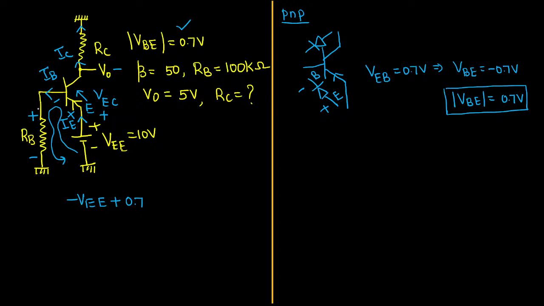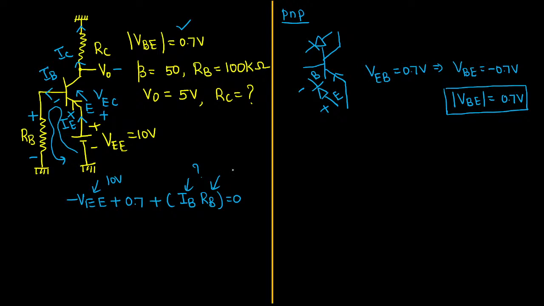Then for the base resistor, as usual, current entering point plus, leaving point is minus. So the current entering point is plus, whereas the voltage drop is going to be base current IB into the value of resistance RB equal to 0. Yes or no? The value of VEE is already given, sir, that is 10 volts. Of course, the value of the base current is not known, just put a question mark.